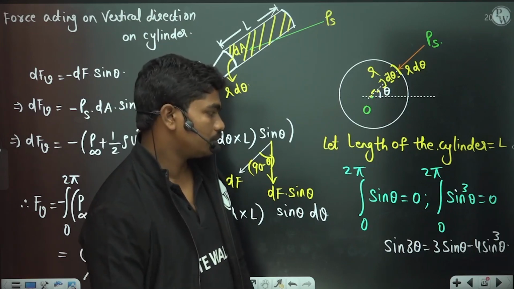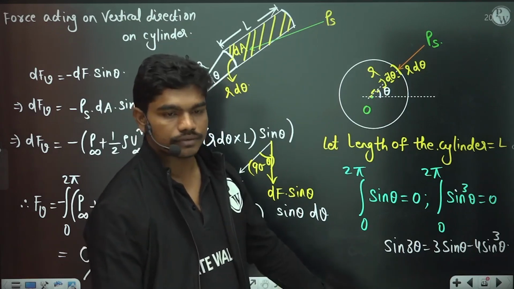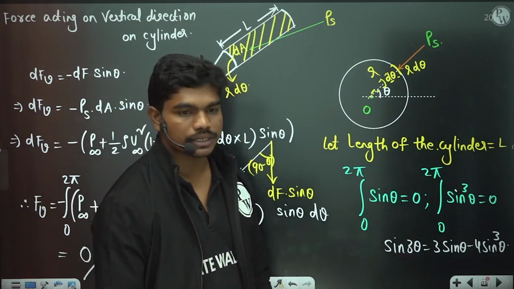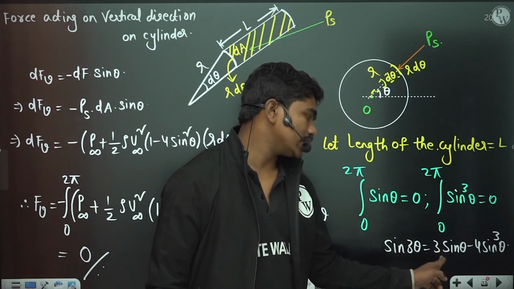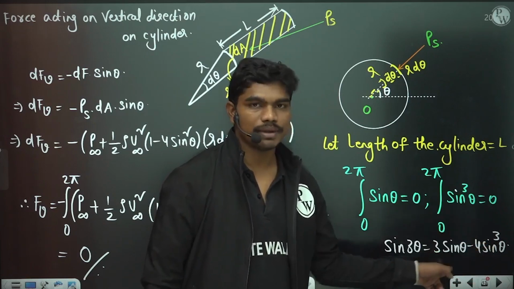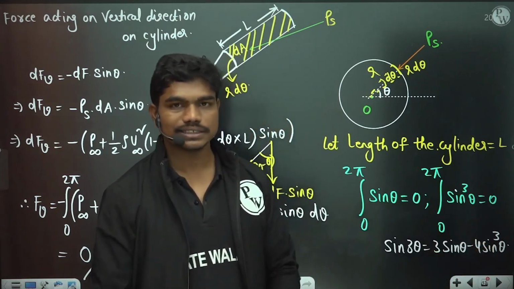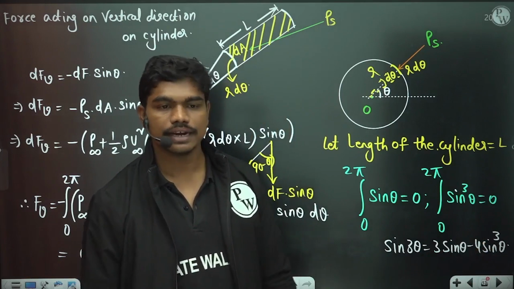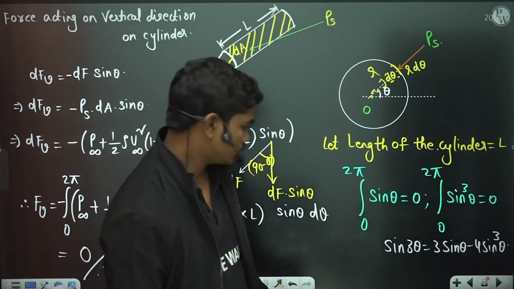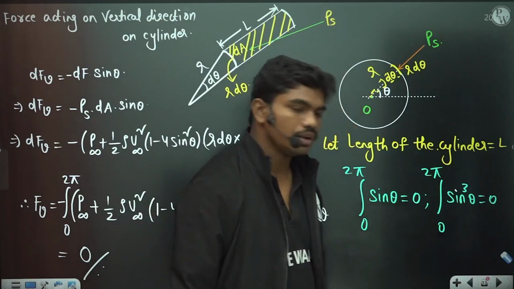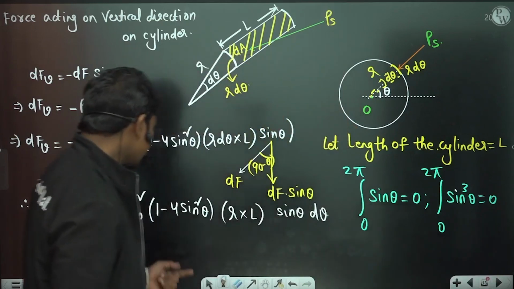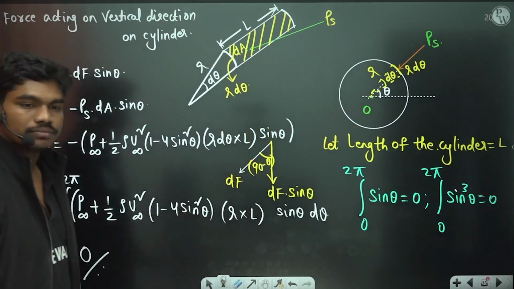So when you have sine cube theta, you write this expression as (3 sine theta minus sine 3 theta) divided by 4. Then you do the integration, and this term will again come out as 0. So that's what you can do, a bit of mathematics. You can do this integration, and you will easily get this value as 0.